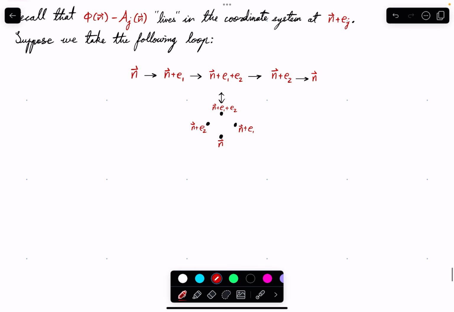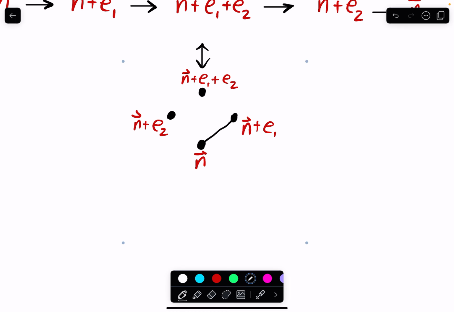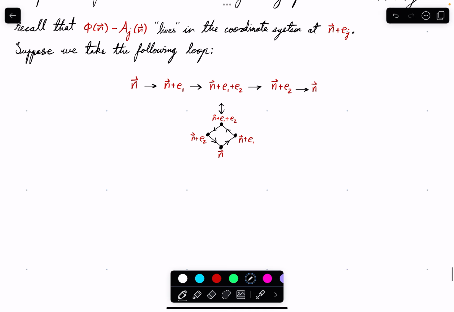So this is the same as going from here to here to here to here. That's the loop that is formed.